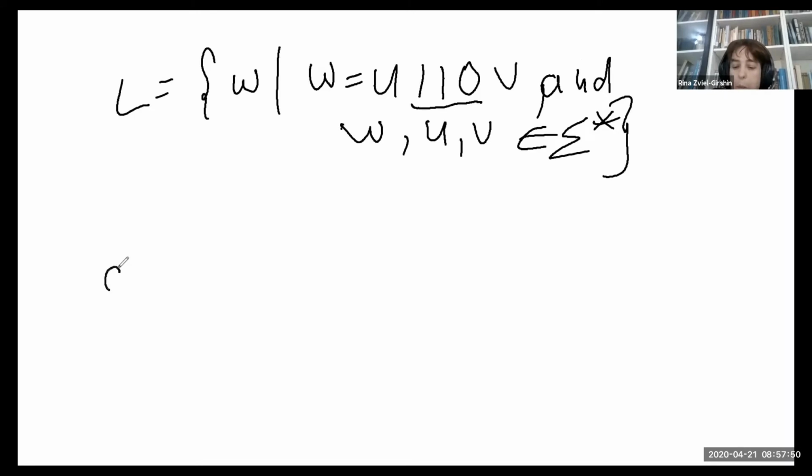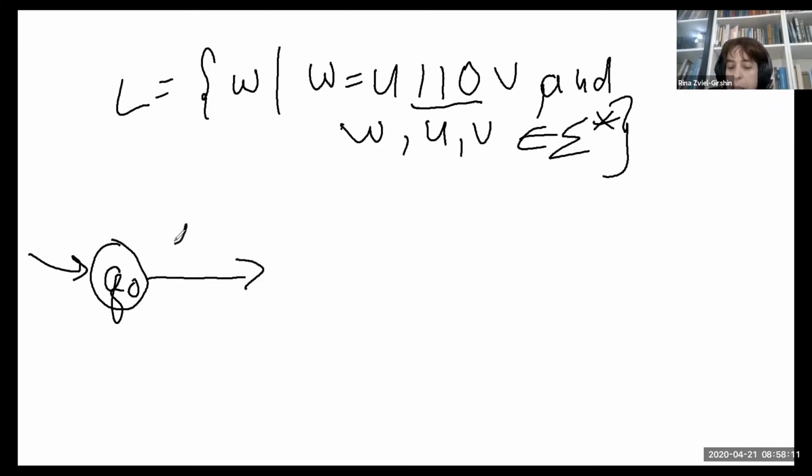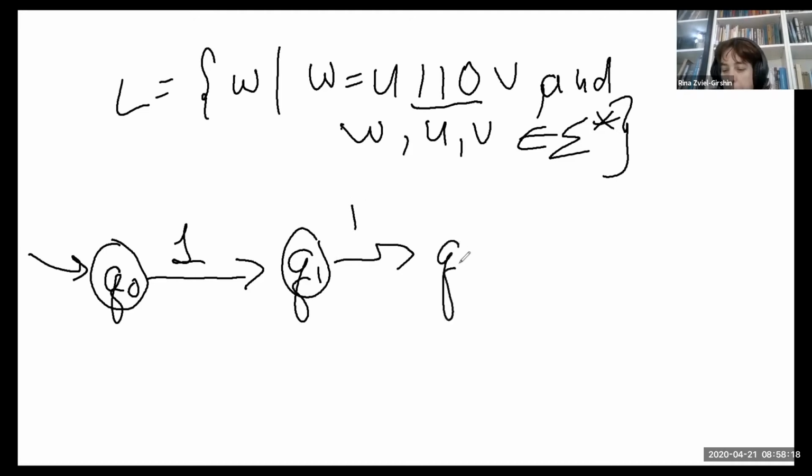I will start with some state Q0, and I will mark it as a starting point with an arrow entering it. And now the idea is that I will start with the most important thing for me, accepting the substring 1, 1, and I go to Q2 and 0.